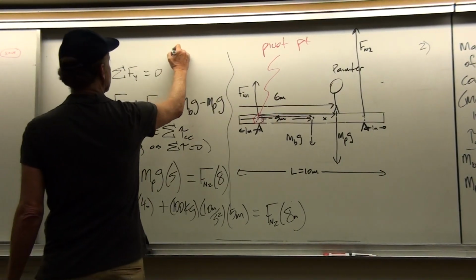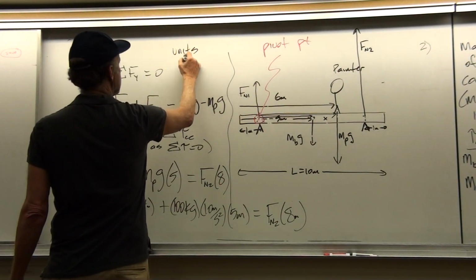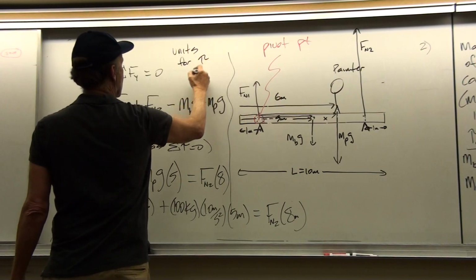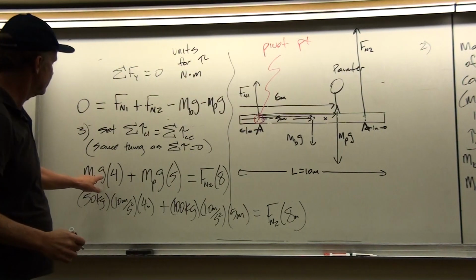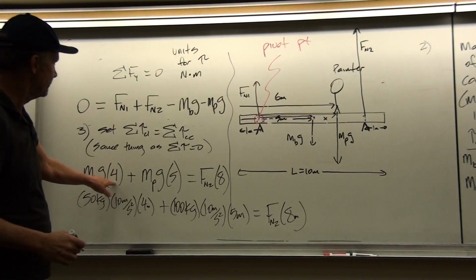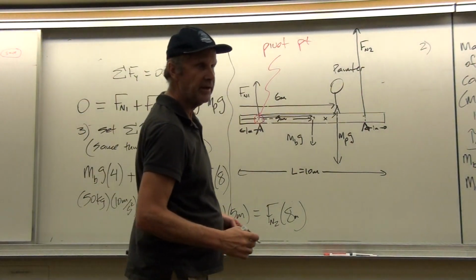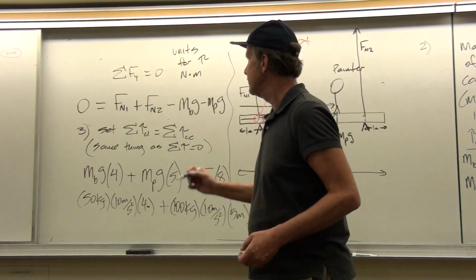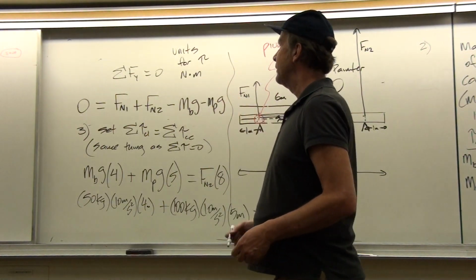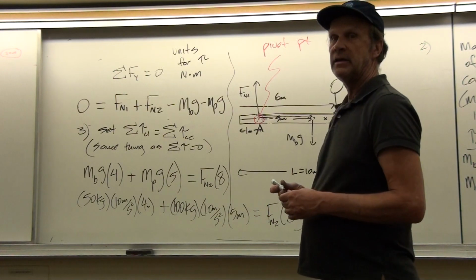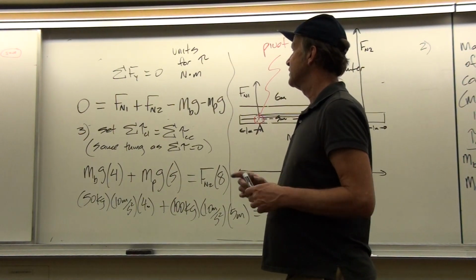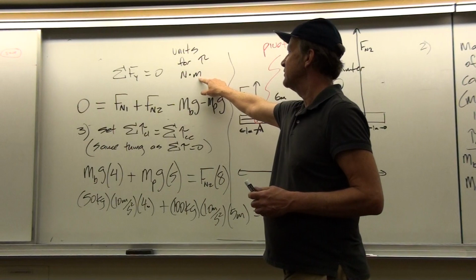By the way, the units for torque are Newton meter, because it's force times radius vector. And so force times a radius vector is going to have units of Newton times meter. Now we said before, when we did this with energy, that the force times the distance has units of joules.